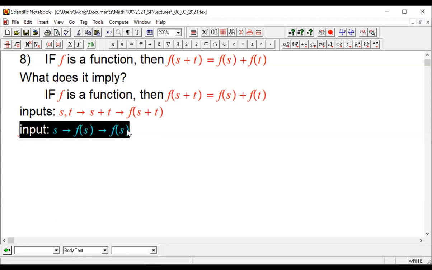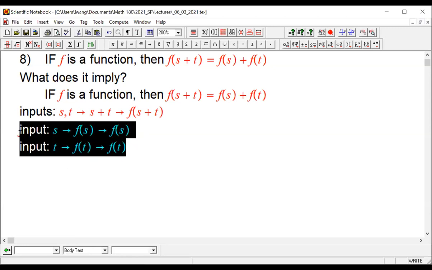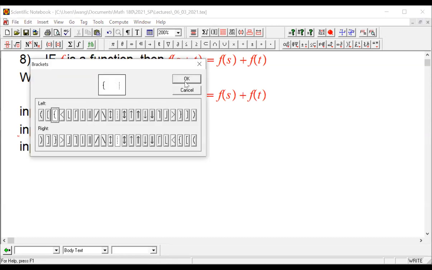And for t, the same thing. You just change to t. And then what do we do? We add them up, right? f of s adding f of t. So let me set this up in a certain way, so you can see better.